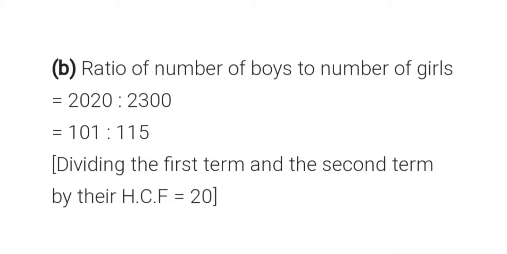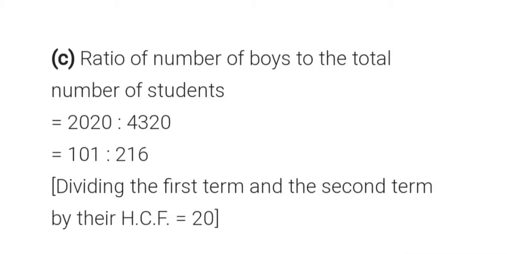So it will come 101 ratio 115. Number C, ratio of the number of boys to the total number of students. The number of boys is given 2,020 and the number of students is 4,320. So it will come 101 ratio 216.